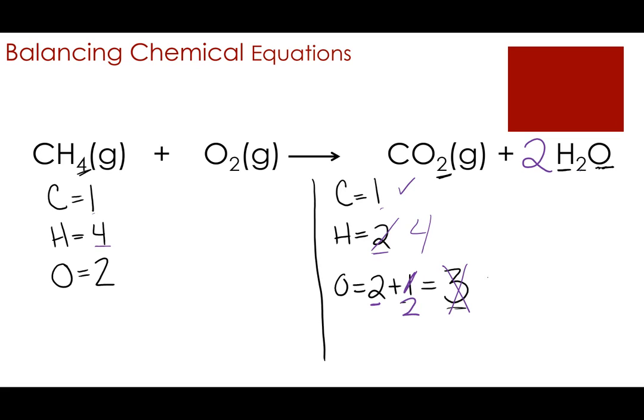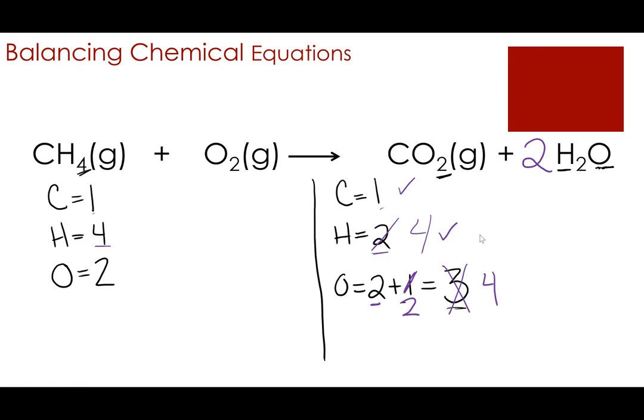So 2 plus 2, I have 4 oxygen atoms. Okay. So carbons are balanced, check. Hydrogens are balanced, check. Oxygens are not. It says I start with 2 and I end with 4. Well, that can't happen. How do we just make up 2 atoms of oxygen?